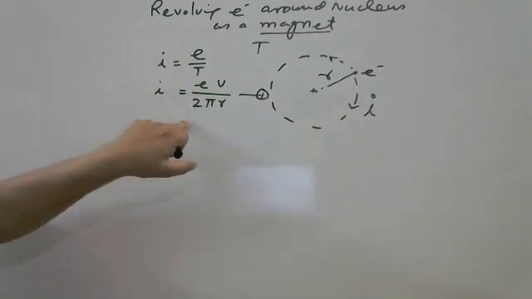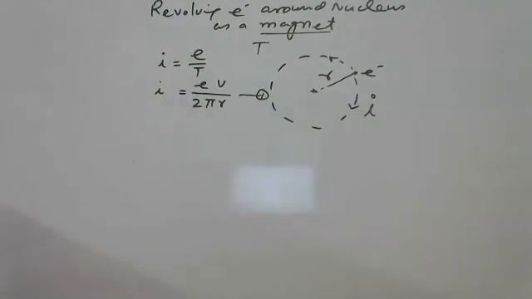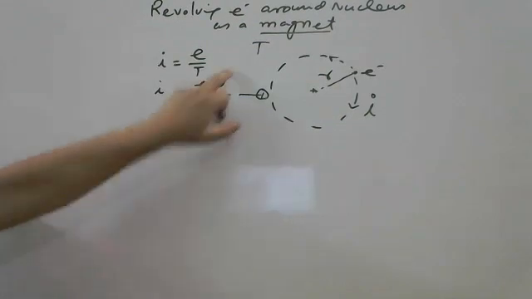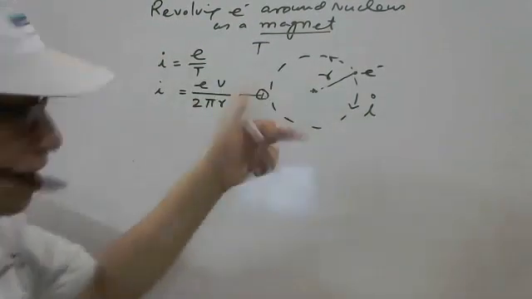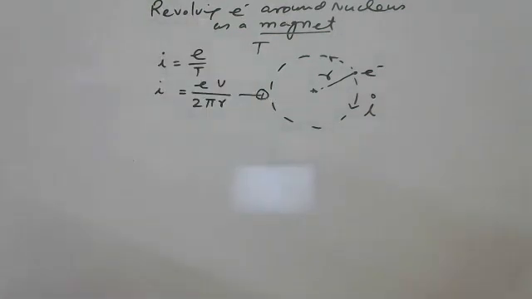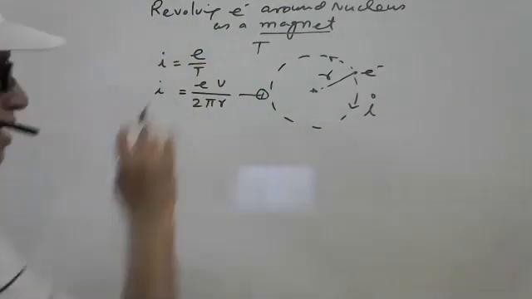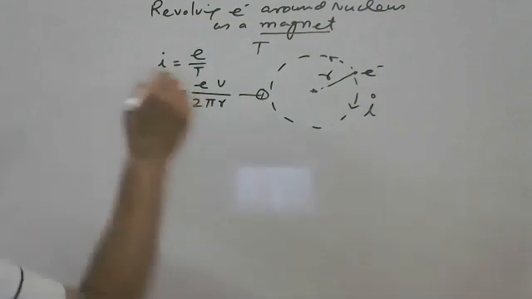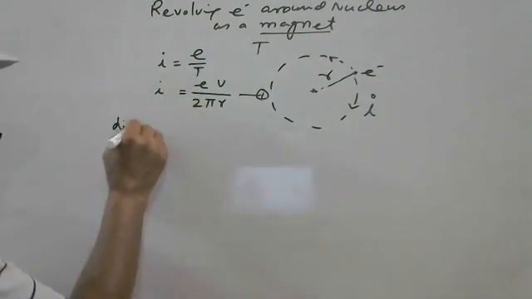Putting the value of T as distance upon speed, distance 2 pi r divided by speed v, going upward in the numerator, you can say this is the current, I equals e v upon 2 pi r. Now the dipole moment. What is the dipole moment?